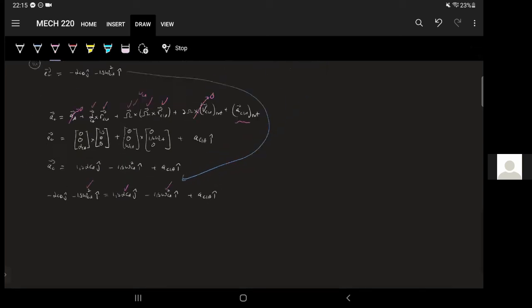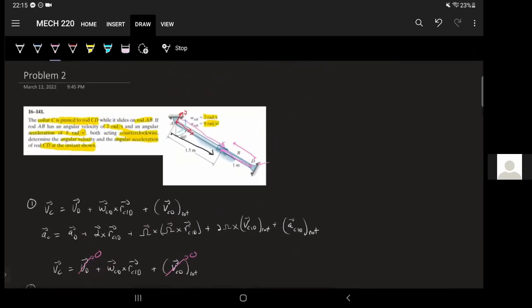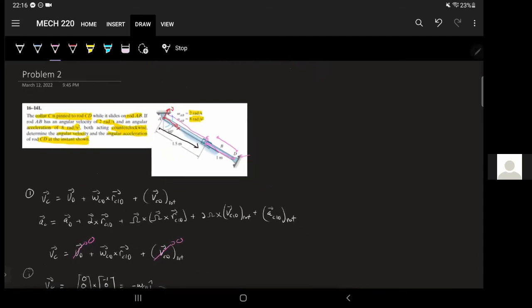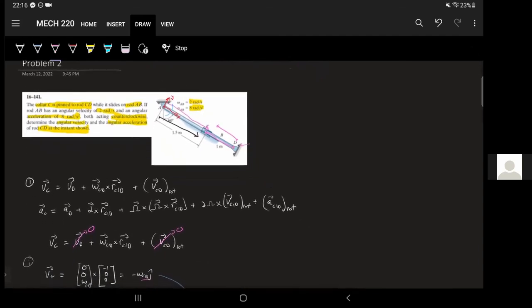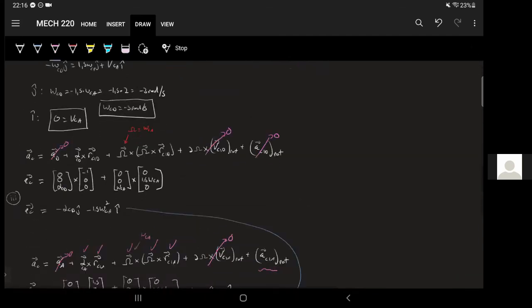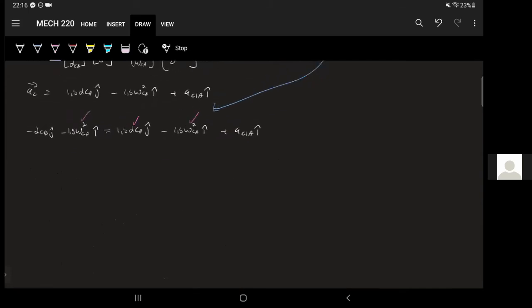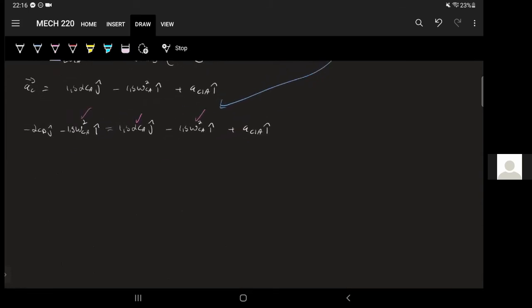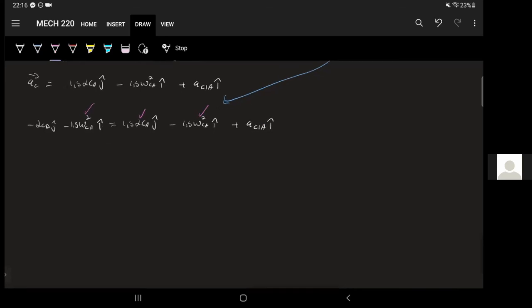Therefore, we are asked the angular acceleration of rod CD and the angular velocity. We can figure this out just using J. So using J, we have minus alpha CD equals 1.5 alpha CA.